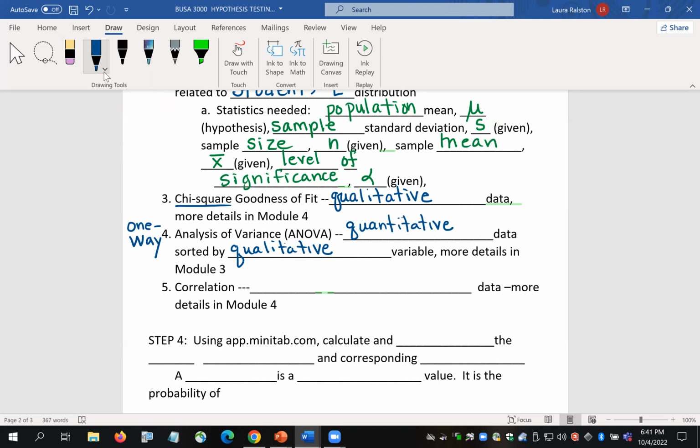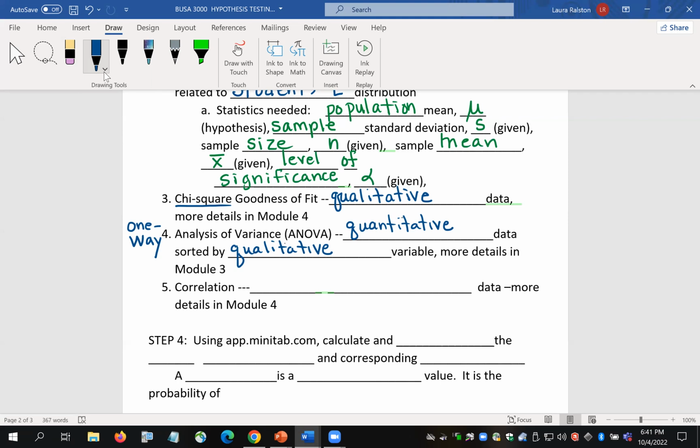For example, it might be that we want to look at the weights of shipments, and we're going to sort those shipments by the mode.